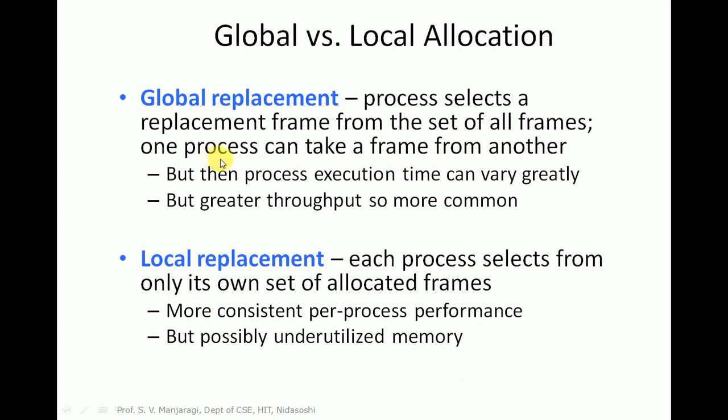It means one process can take a frame from another process. Global replacement means we consider the frames of all the processes that exist in the system for replacement. So that is global replacement.